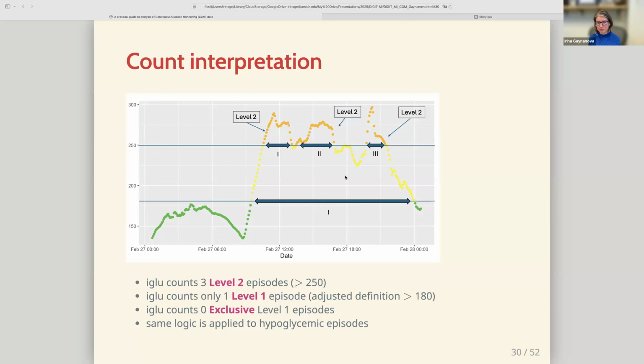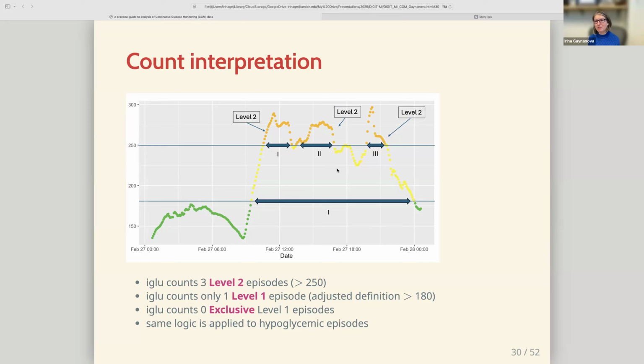And the same logic is applied to hypoglycemic episodes. So the basic warning is that I'm not sure how different software compute the episodes. I know how iglu computes the episodes, and this is how it does it. And when looking at the episodes, you can't just pick the level that suits your needs.